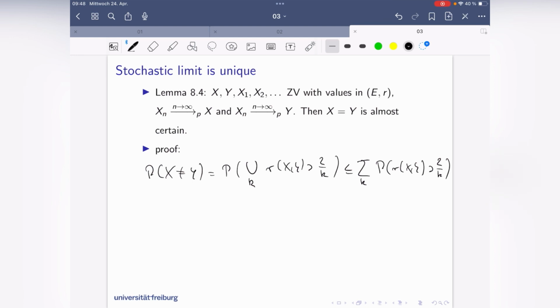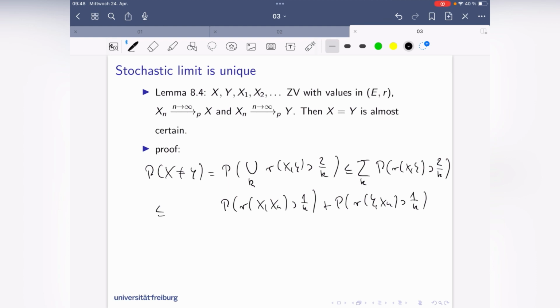And then I can say, well, if this difference here is bigger than 2 over k, it must be that either the difference of x and xn is bigger than 1 over k, or the difference of y and xn is bigger than 1 over k.